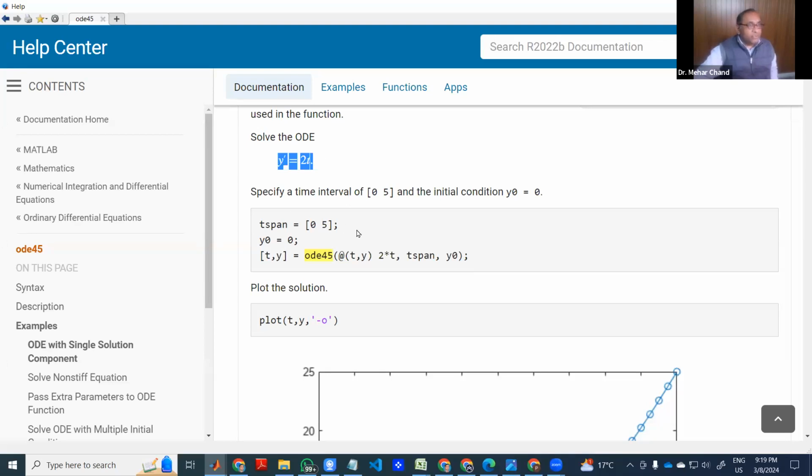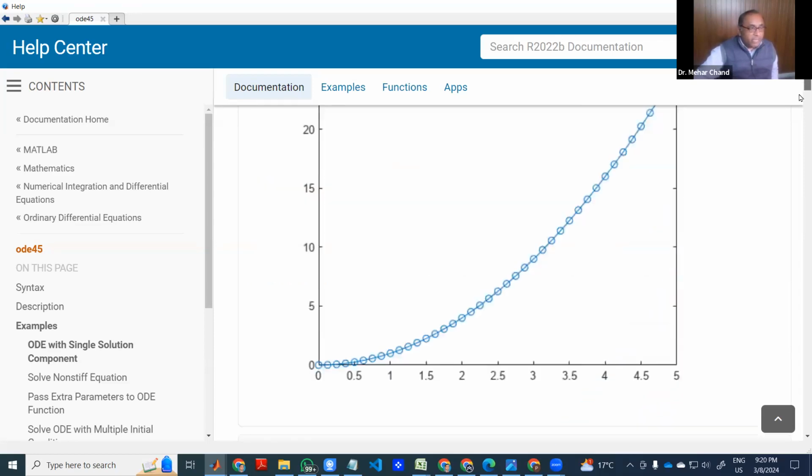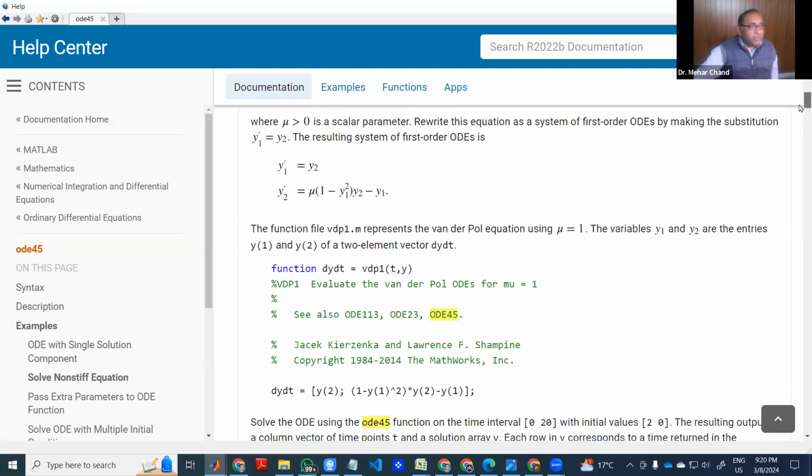So you can easily use this inbuilt method for different types of problems, and here we are using it to plot the graph of the above problem by using ODE 45, which is an inbuilt function in MATLAB. Here is one more example.